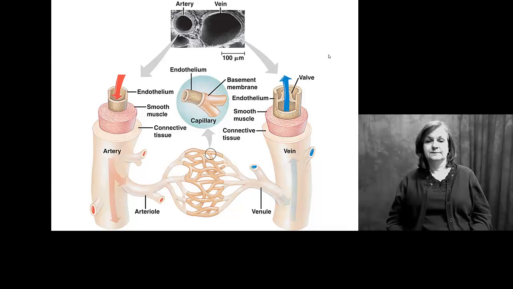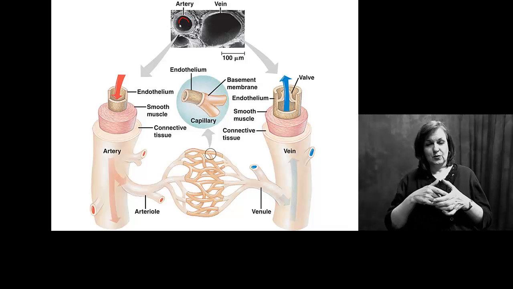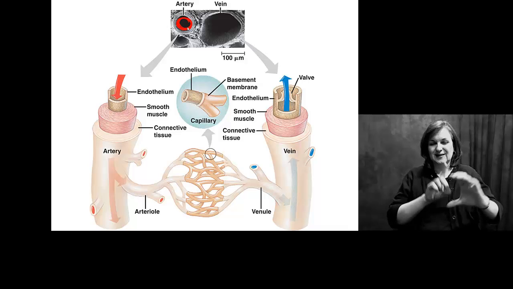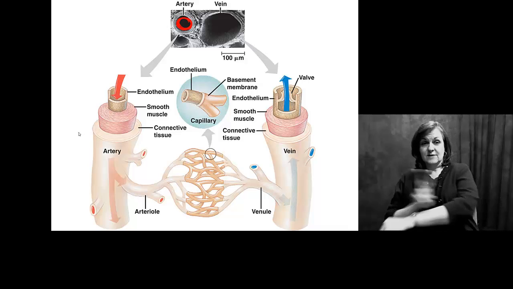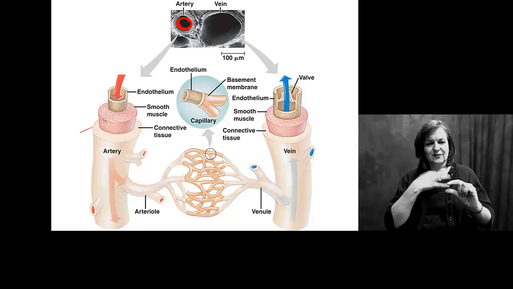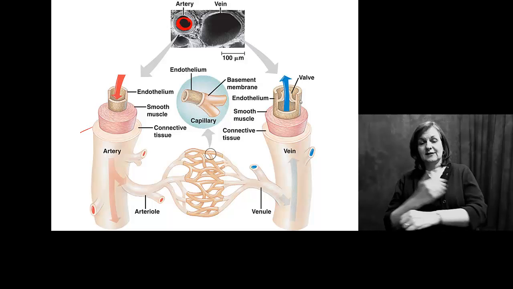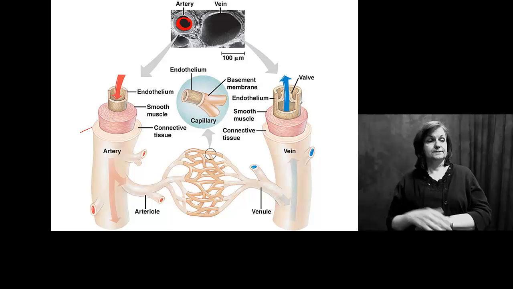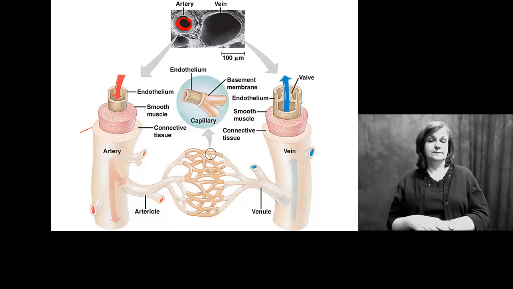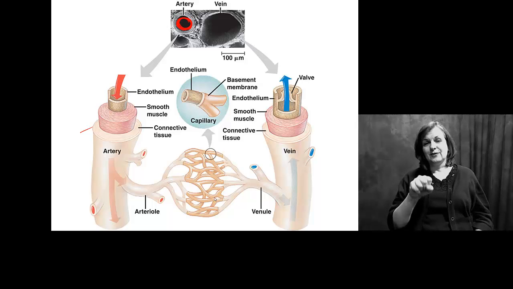If we look at a cross section, you notice the inner diameter of the artery is much smaller. That is because of all of this muscle tissue and all of this connective tissue. The veins, we said about the valves in the veins before. The capillaries we said about being very, very thin, so they're 1 red blood cell thick.